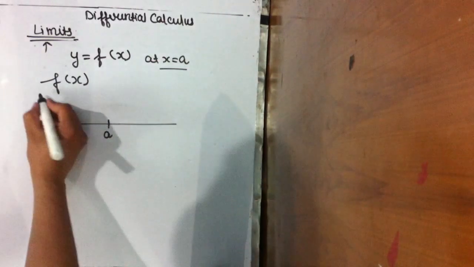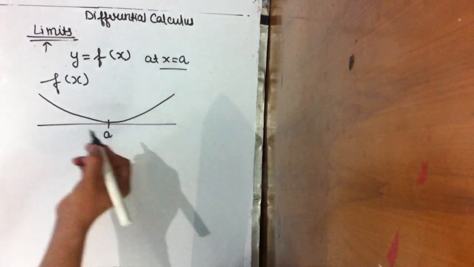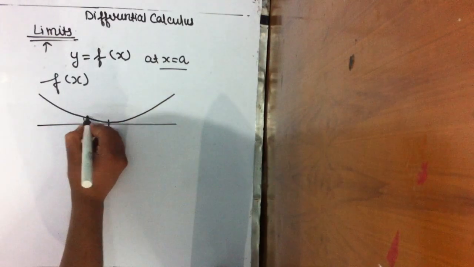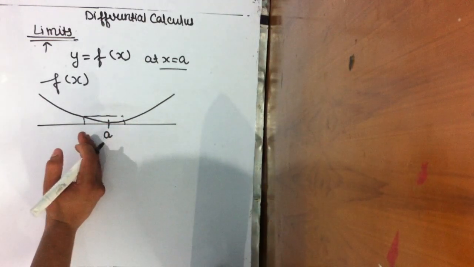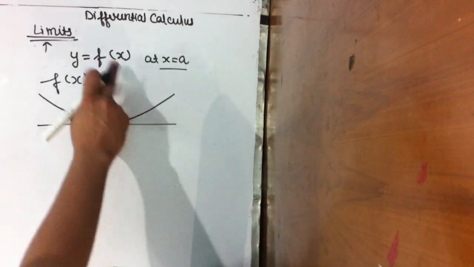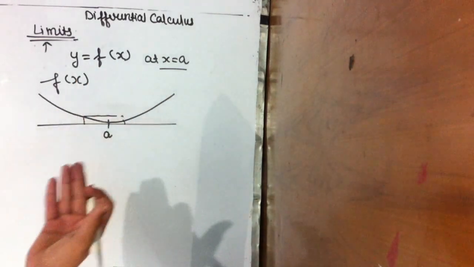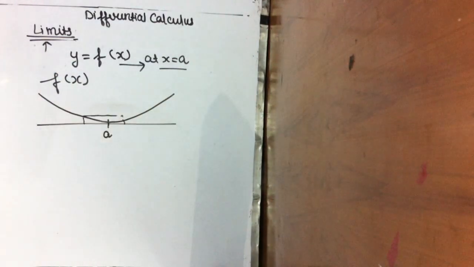Now, let this function have a graph in the region bounded over a. If the function has a graph in the neighborhood of a, that is either a slightly lesser value than a or a slightly greater value than a, the graph exists for that function. Therefore, we can calculate the approximate value of that function at the given value.